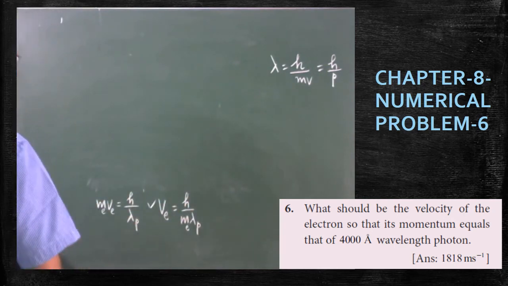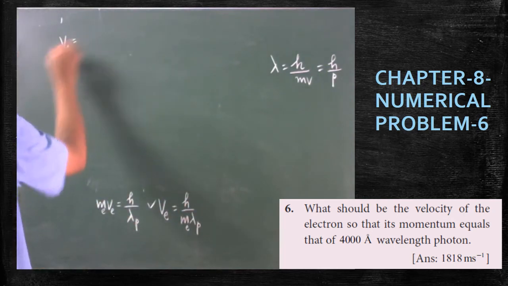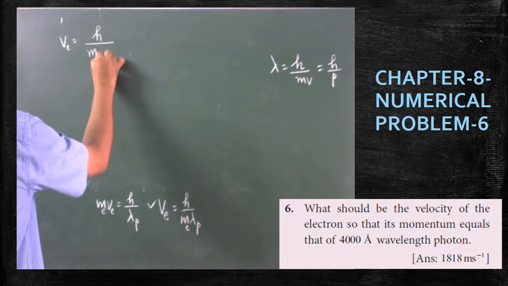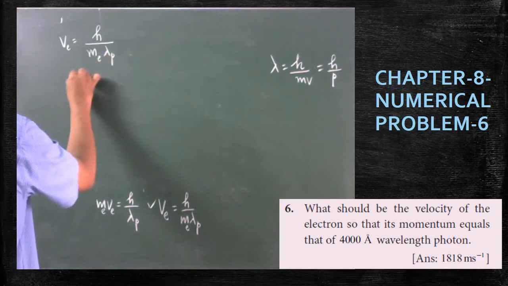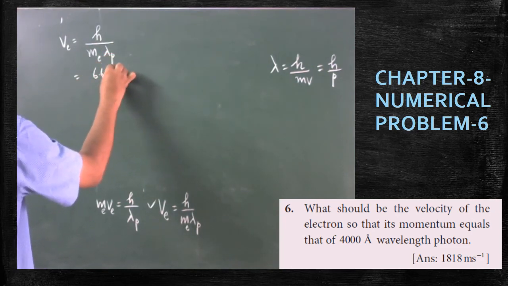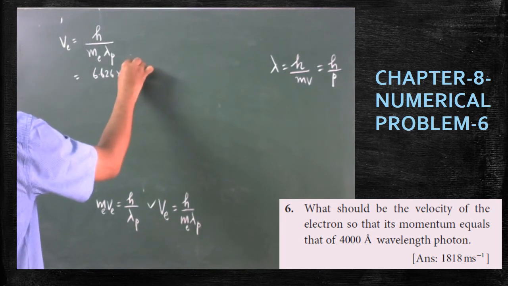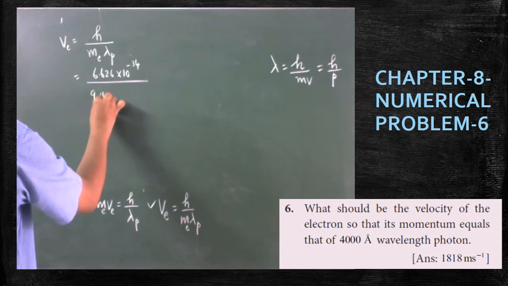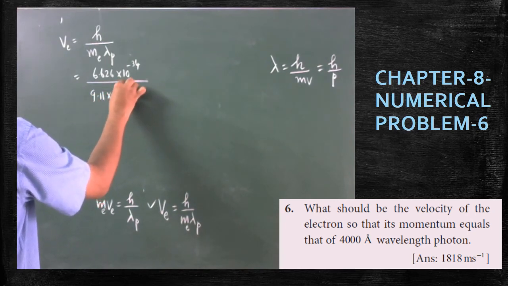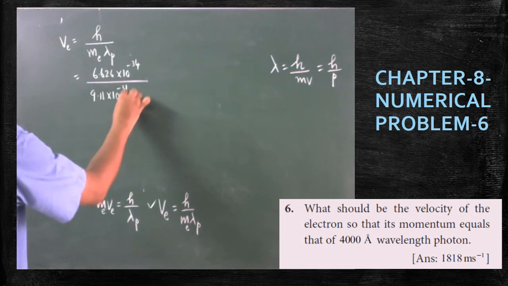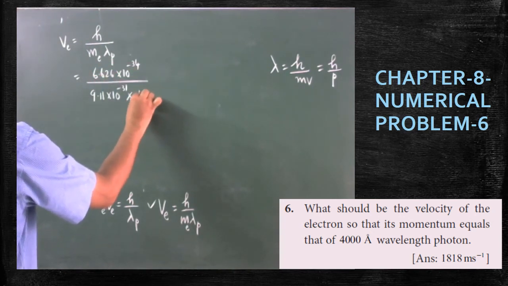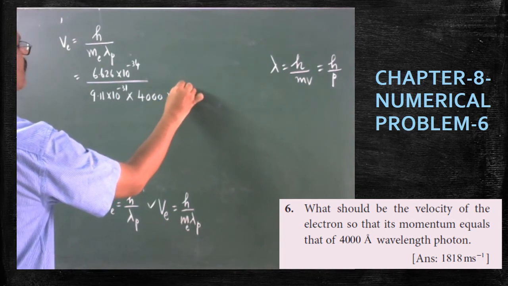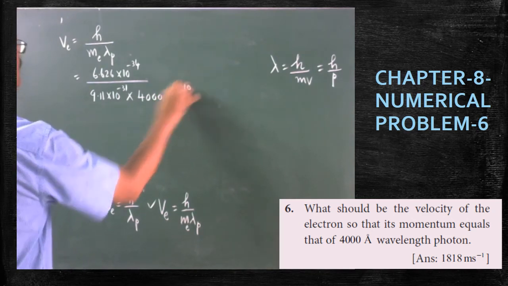Velocity of the electron is equal to h divided by mass of the electron into wavelength of the photon: 6.626 into 10 to the power of minus 34 joule second divided by mass of the electron, 9.11 into 10 to the power of minus 31 kg, into wavelength of the photon, 4000 Angstrom units, which must be converted into 4000 into 10 to the power of minus 10 meters.